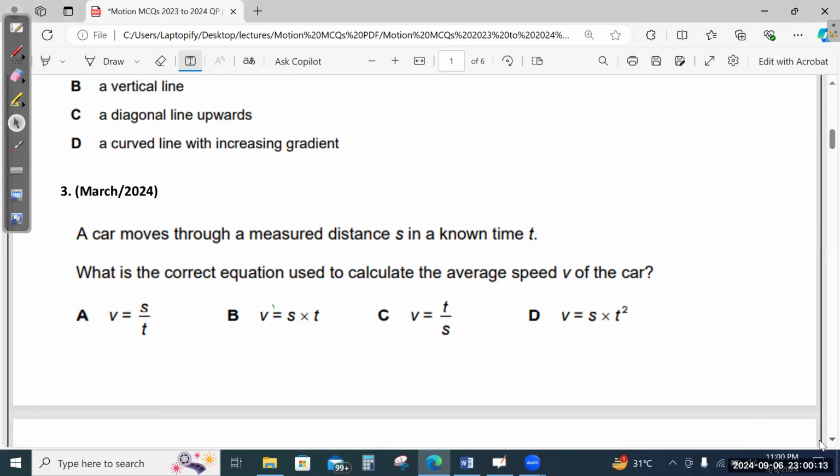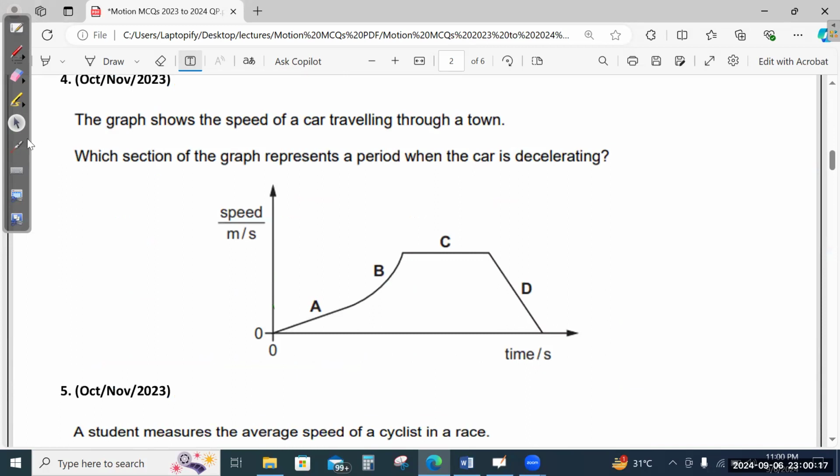Now, next, my question number 4. The graph shows the speed of a car traveling through a town. Which section of the graph represents the period when the car is decelerating? Decelerating means you have to select that option when the speed of the car is decreasing. Okay, so if you look at A, this is a straight line.